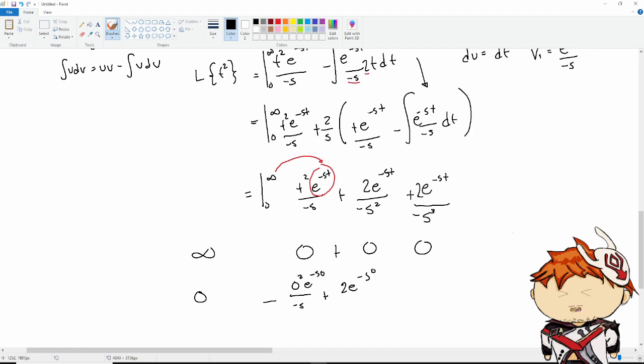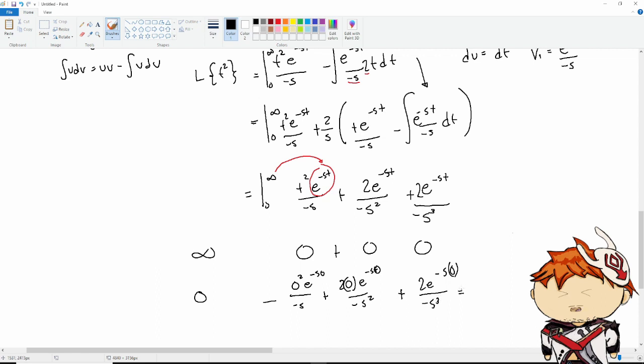Oh, this one has t. There should be a t here, 2t, or 2 times 0. So 2(0) e to the negative s0 over negative s squared, plus 2 e to the negative s0 over negative s cubed.